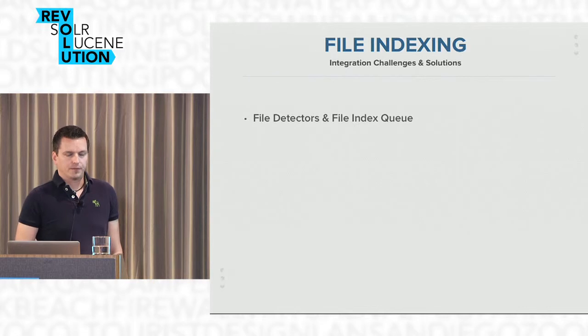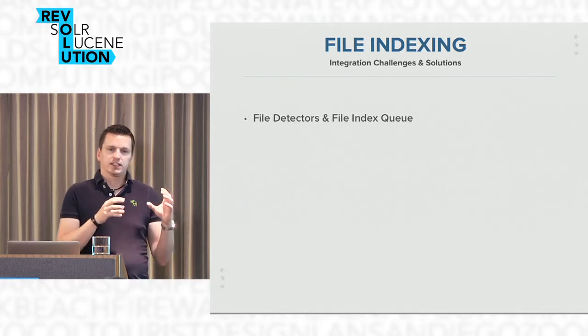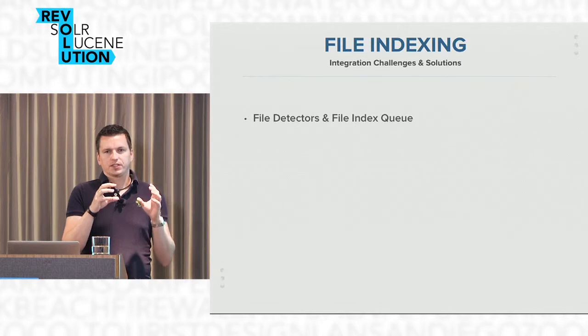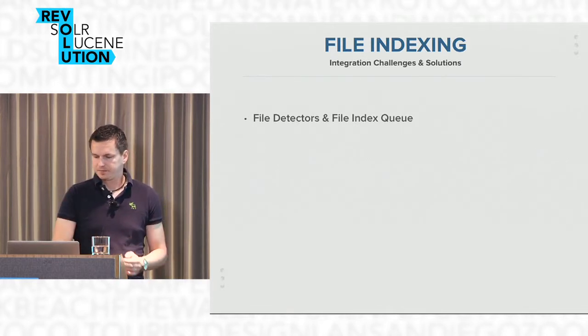And then we just put them into a separate index queue, so we don't have to interfere with the content indexing versus the file indexing. We can give them different priorities, and yeah, basically like that.